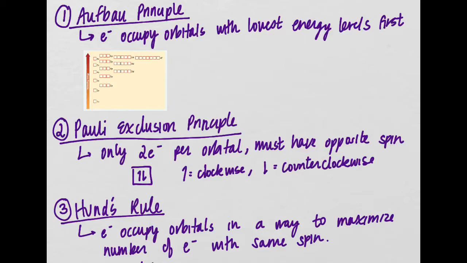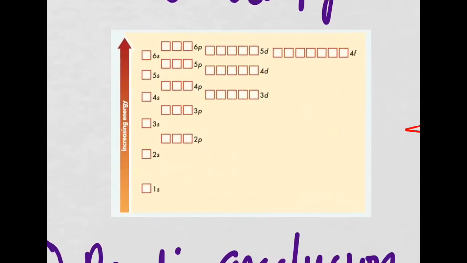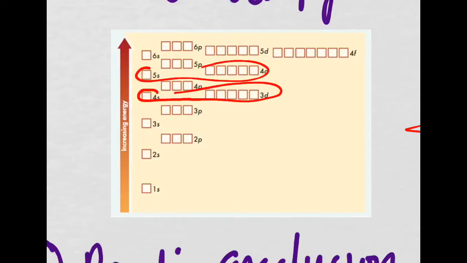And I have this nice diagram that I think is going to be very useful for you while you're learning this and doing your homework and everything. Remember that our 1s has the lowest energy, 2s has the next, 2p, and up. The only place it really gets confusing here is with the 4s and the 3d, and then with the 5s and the 4d.